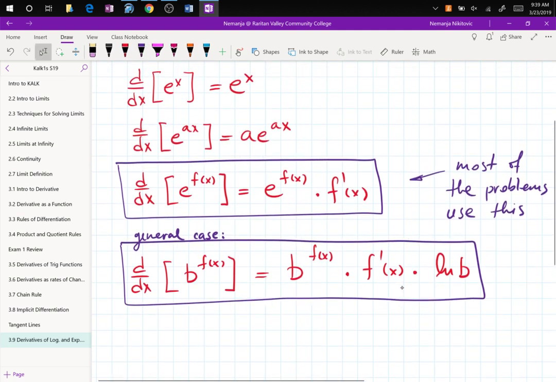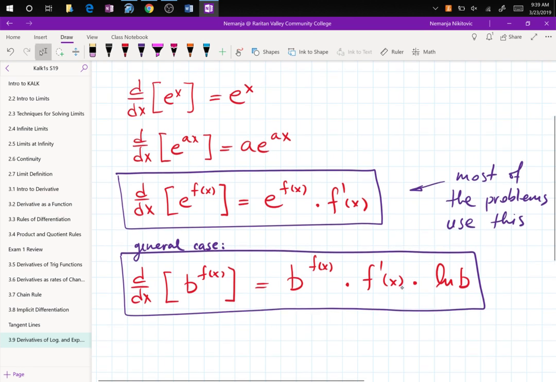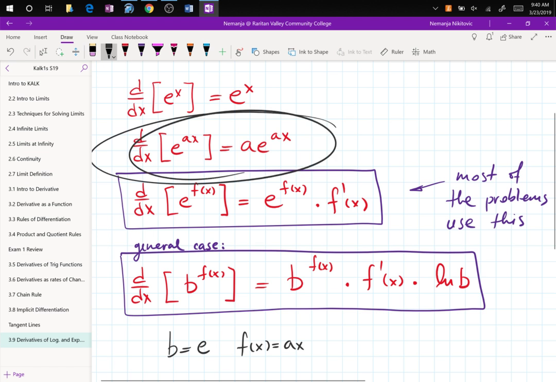Now, it's important to see that the formula on the bottom actually contains all of the formulas above. That's why it's called the general case. Because if you realize, for instance, that your b is equal to e, and your f of x is equal to ax, you will quickly derive this formula just by plugging these things into the right side.